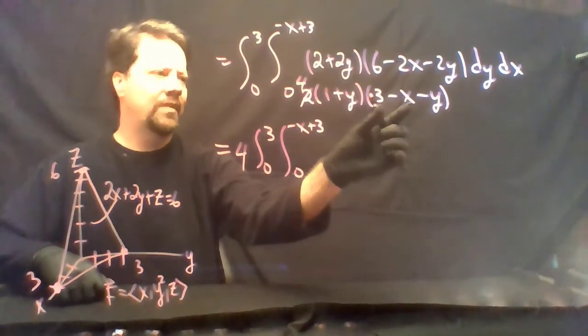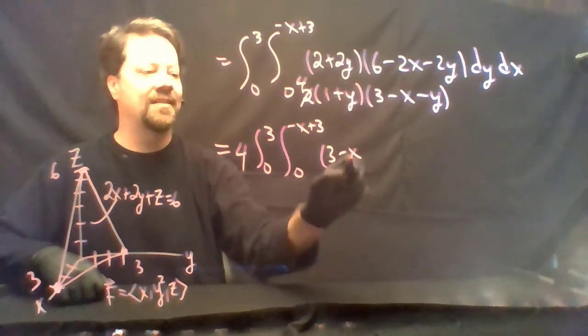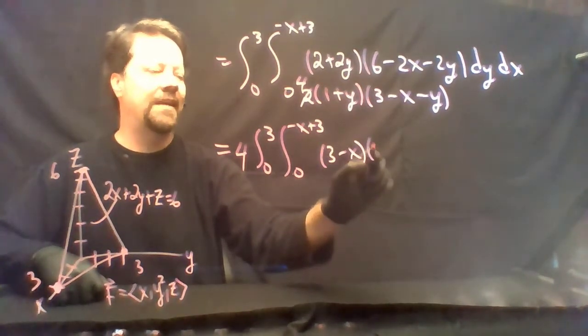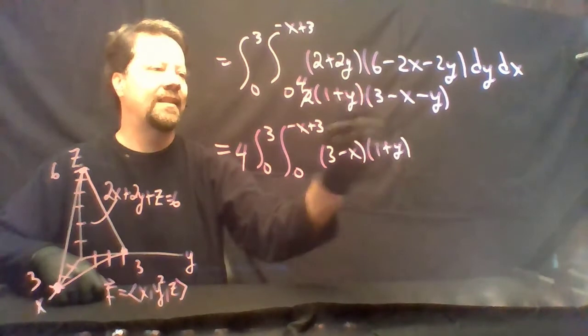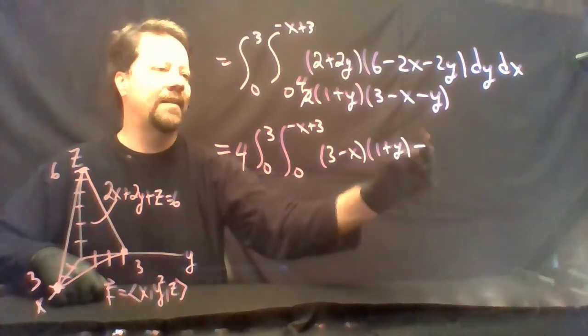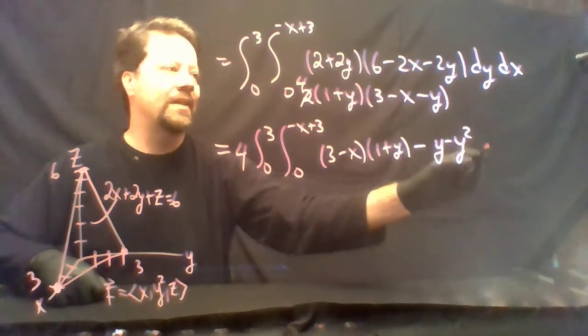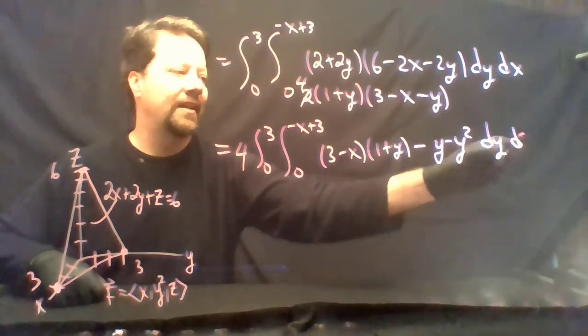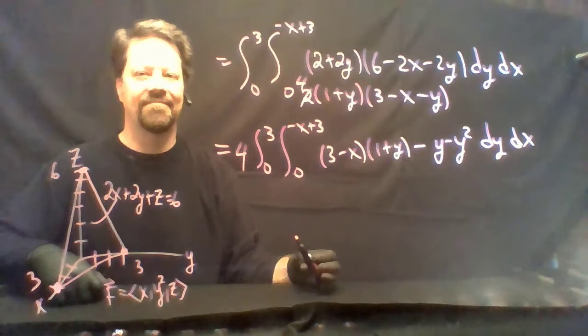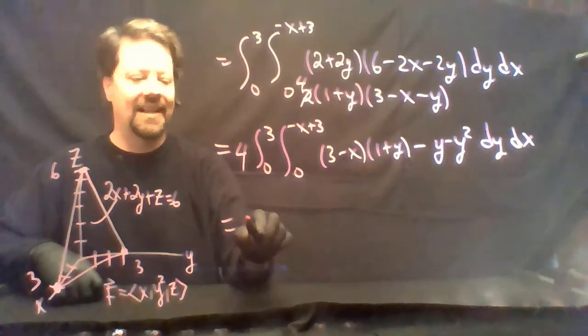Distributing, we'll leave this 3 minus x and multiply that by a 1 plus y. And we'll have minus y times 1 plus y. That's minus y squared, dy dx. Let's go ahead and integrate this.